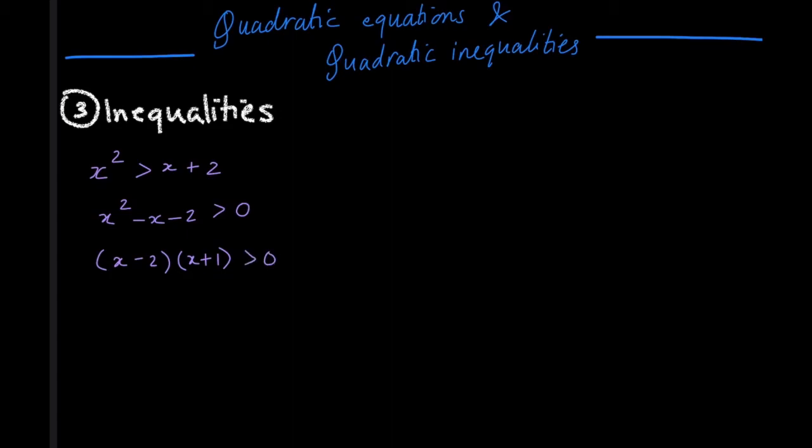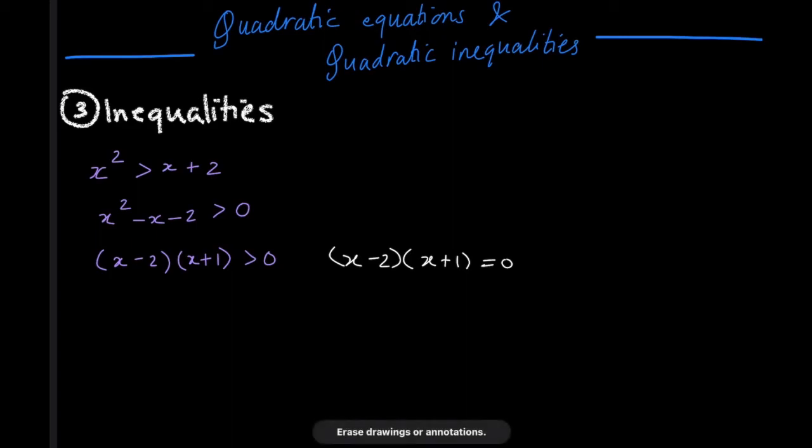And we can still keep this as greater than 0. So basically the corresponding equation to this would be x minus 2 multiplied by x plus 1 is equal to 0. That would be our equation if we were using an equal sign instead of an inequality.